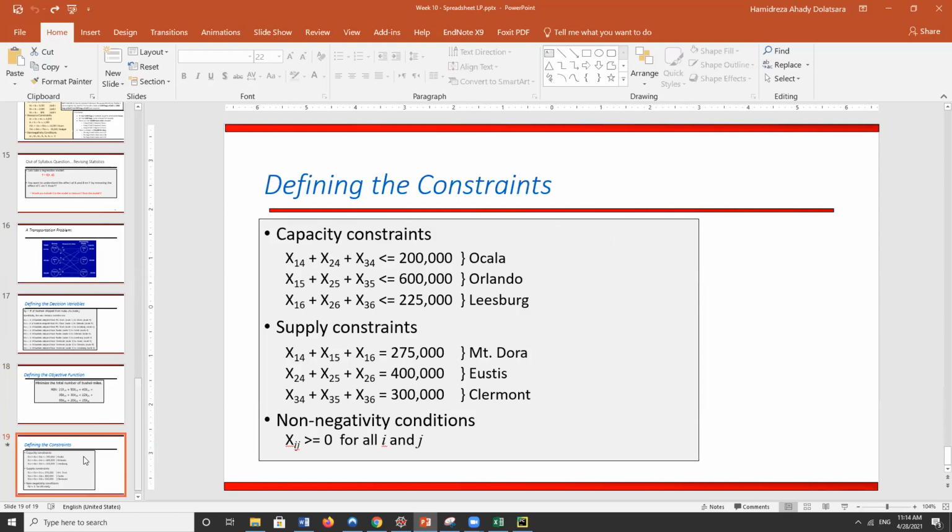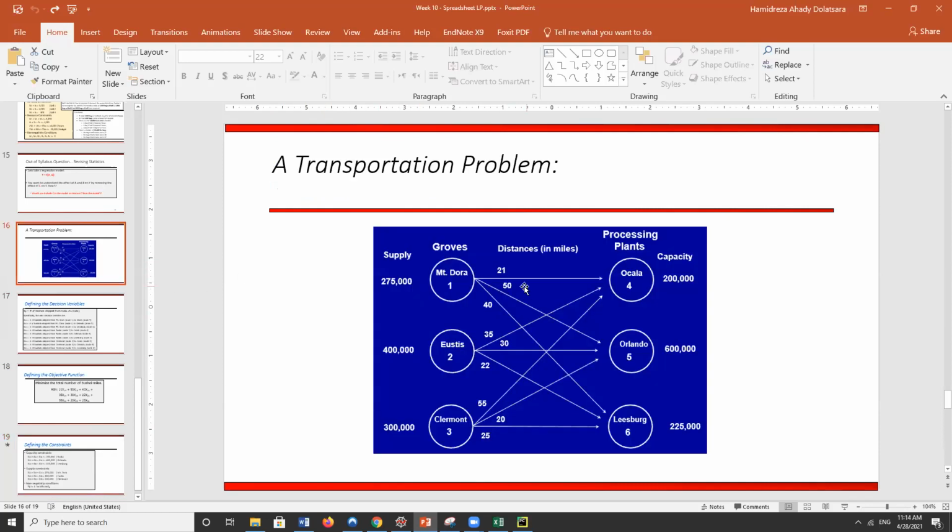So look at the first two rows of constraints for Ocala, Orlando, and Leesburg. I said less or equal. So first of all, x1,4, x1,5, x1,6 are these three links.